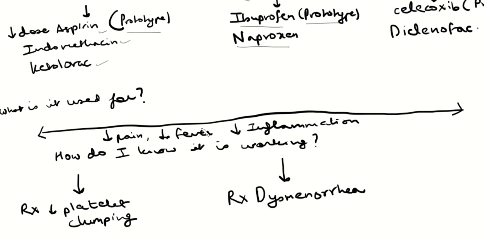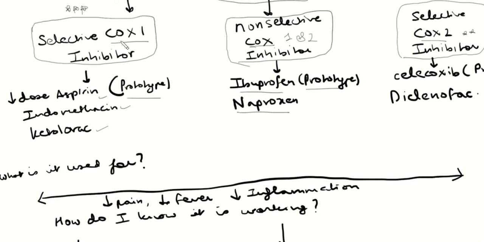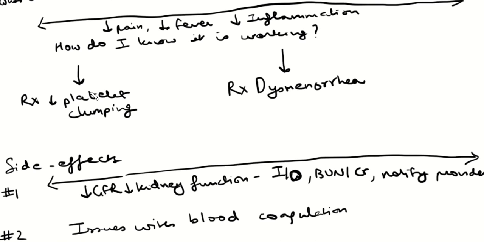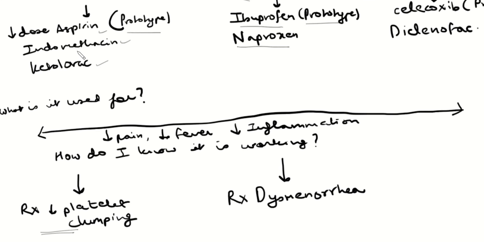Okay, what else? This category of medication, selective Cox-1 inhibitors, are helpful in decreasing platelet clumping. Low-dose aspirin causes the platelets to become less sticky to each other.